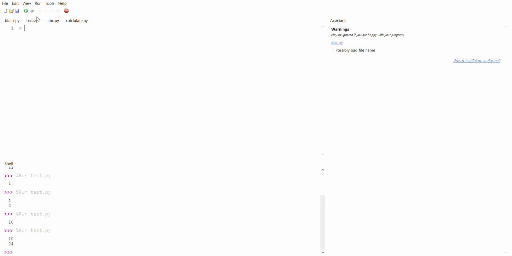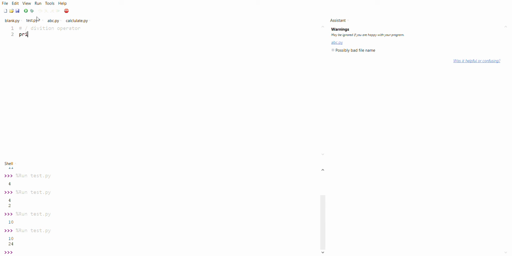So the next operator we are going to use is division. Division operator. The division operator is symbolized by a simple slash. It simply divides the two values given.